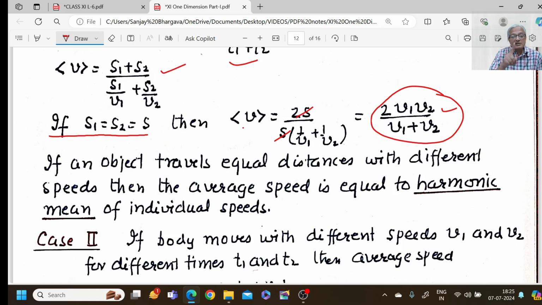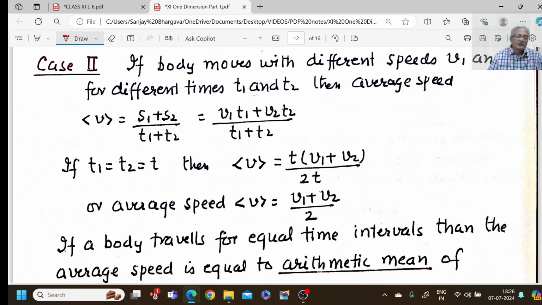If an object travels equal distances with different speeds, then average speed is equal to the harmonic mean of the individual speeds.